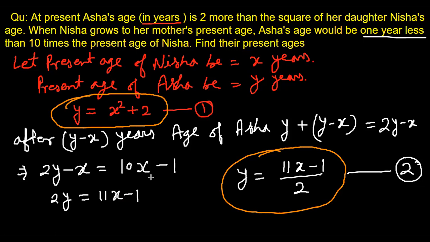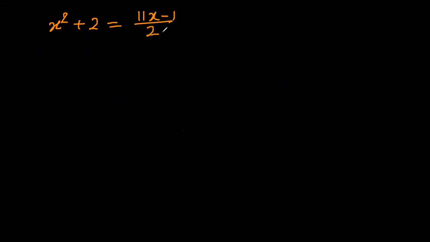We're saying x squared plus 2 equal to 11x minus 1 divided by 2. Cross multiply, or you can also multiply the whole equation by 2. It's your choice.